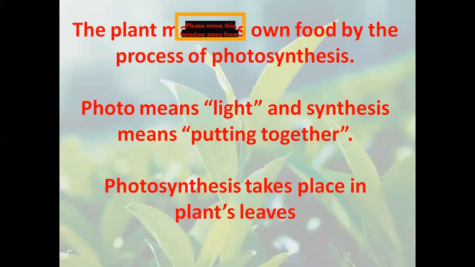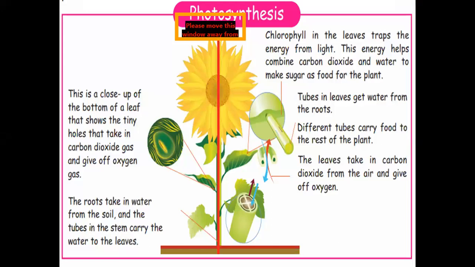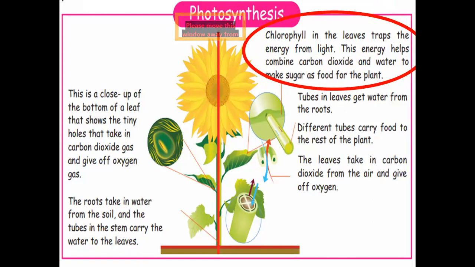You know that photosynthesis takes place in the leaves of the plant. Photosynthesis occurs only in the chlorophyll plant. Chlorophyll plants have the chlorophyll. So the chlorophyll gets the energy from the sunlight. It needs energy. So this energy from the sunlight helps to combine, to mix, to put together. This is the synthesis. Put together what?